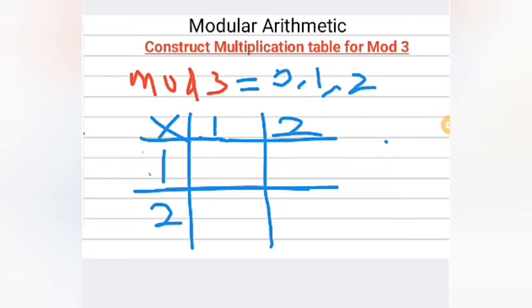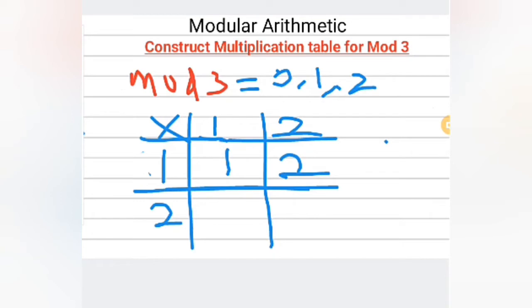We have this row multiplied by this. 1 multiplied by 1 is going to give us 1. And here, 1 multiplied by 2 is going to give us 2.